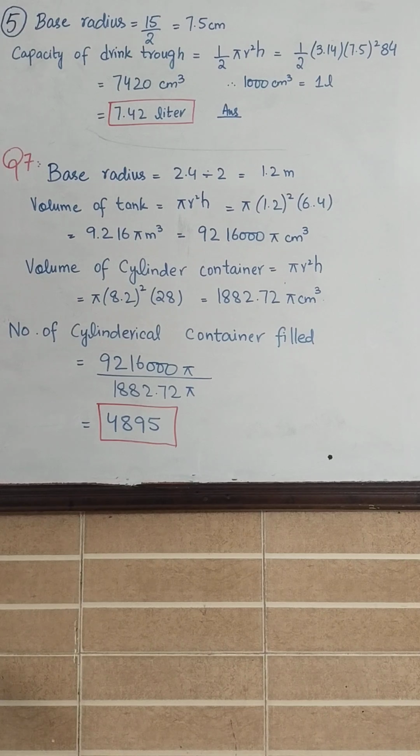You are supposed to find the volume. For the volume, you need the radius, and how you can find the radius from the diameter, you are very well aware of it. So find the radius first, then find the external volume and internal volume one by one and subtract both the volumes.